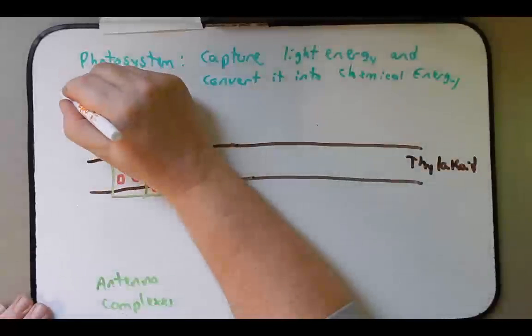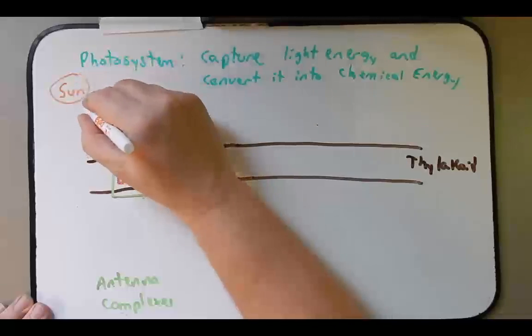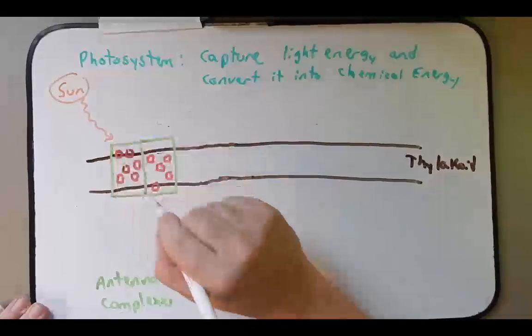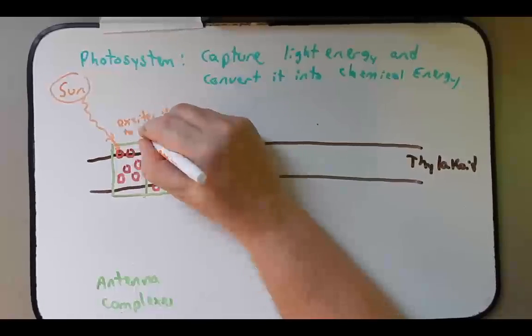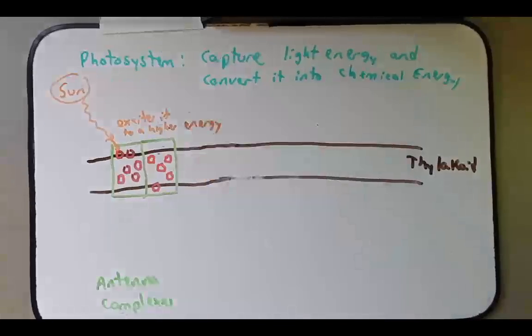And why is it transferring energy? Well, remember, we have our very good friend here, the sun. It's shooting down photons here. And when it hits a chlorophyll molecule, it excites it to a higher energy. That higher energy makes it very unstable, and it wants to release some of that energy so it can become stable again.